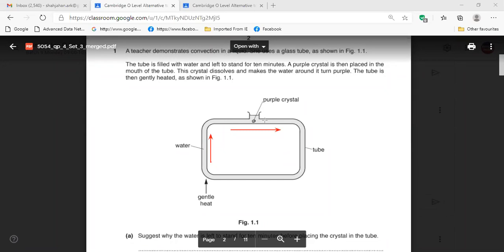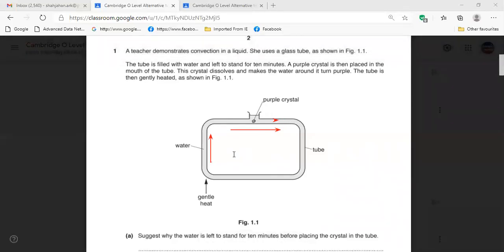Anywhere in the diagram you show, but the arrow direction should be in correct order. Is it clear? Yes, sir. You can give here also, this way.